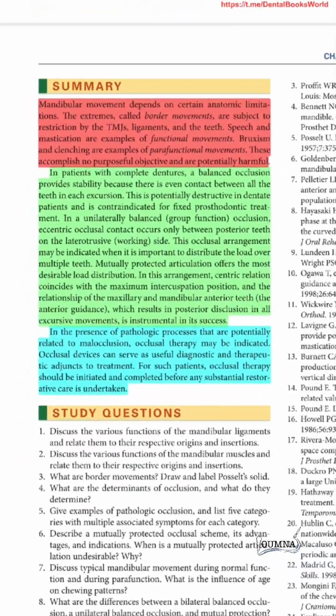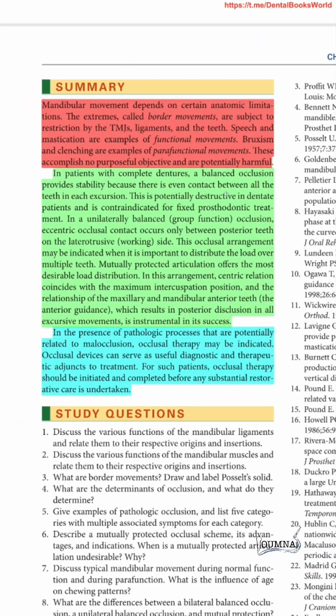A difference between a complete denture and a normal occlusion is that a balanced occlusion provides stability because there is an even contact between all the teeth in each excursion, which means that there is no separation between the mandible and the maxillary posterior teeth when the movement to the left and right is being made.